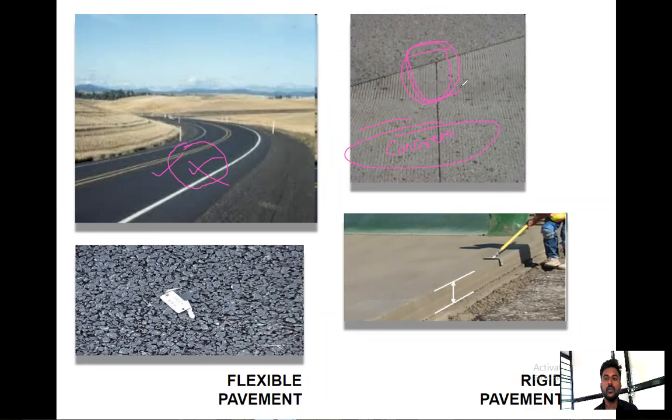You might have seen the cuts in the transverse and longitudinal direction. Why have they provided them? Why are they not there on the bituminous road? They are only on concrete. What is the reason behind that?